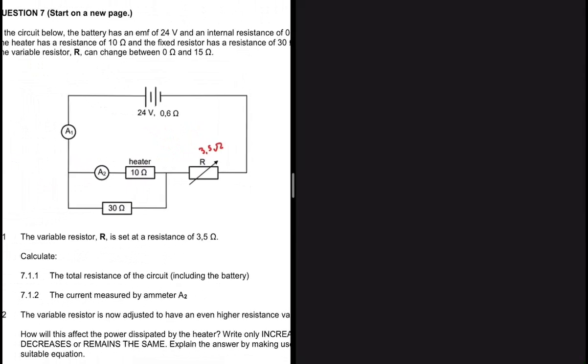And then the first question, 7.1.1, let's calculate the total resistance of the circuit, including the battery. Right, so we're going to have RT being equal to RS plus RP. But we are required to include the resistance of the battery. So let's have plus the small r, which is our internal resistance, by the way.